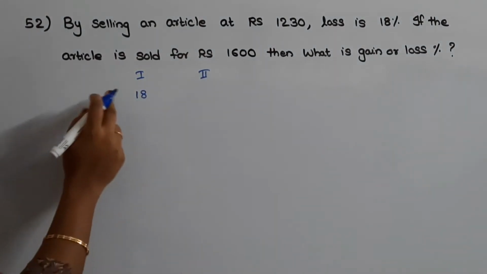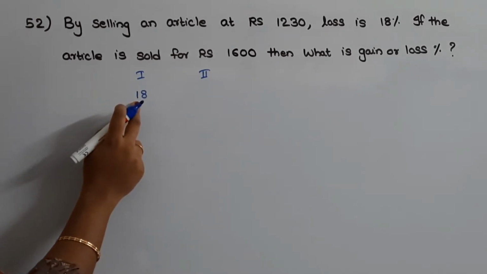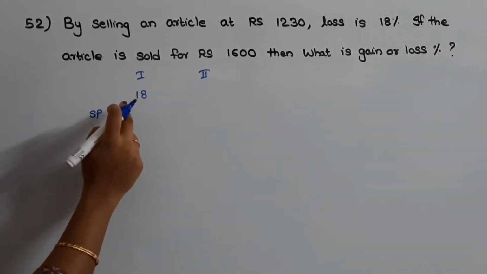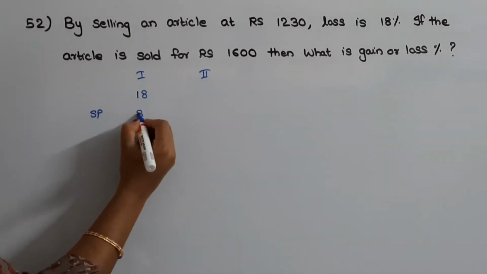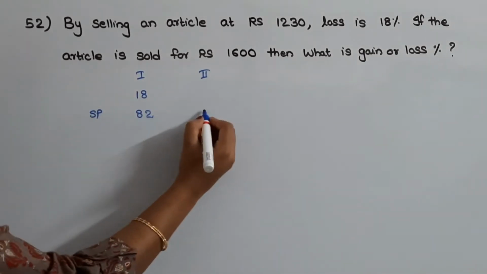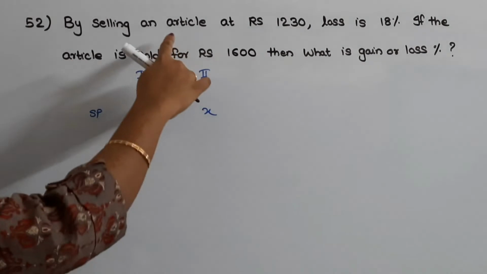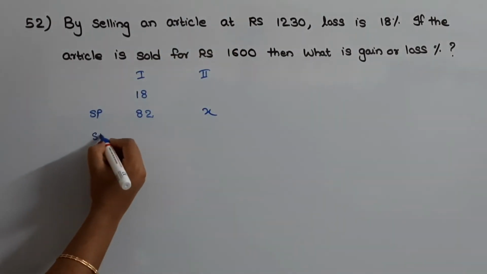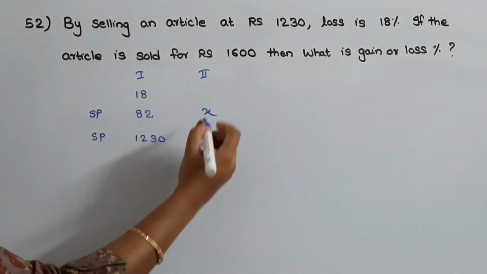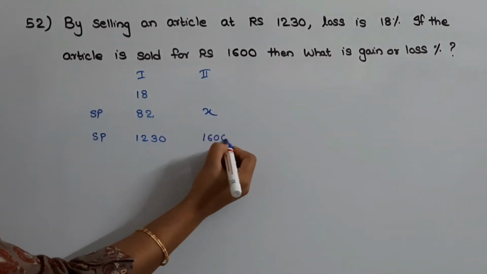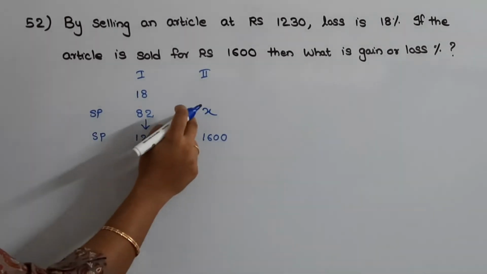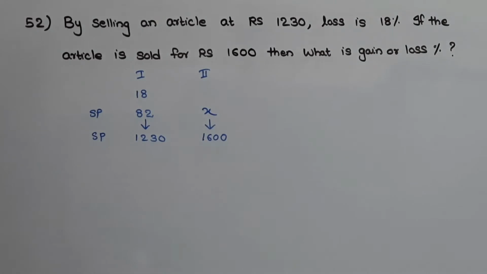Okay. So when the loss percentage is 18 and cost price is 100, what will be the selling price? Selling price will be equal to 100 minus 18, that is 82. Okay. So in the second case, let us take this value as X. Okay. In the question, the selling price in the first case is given as 1230 and the selling price in the second case is given as 1600. Okay. So if 82 can be written as 1230, what value can be written as 1600? Okay.